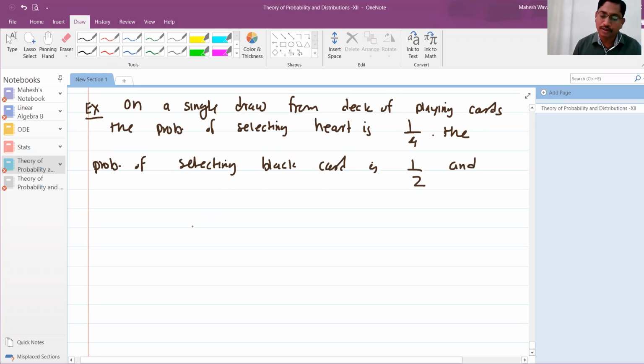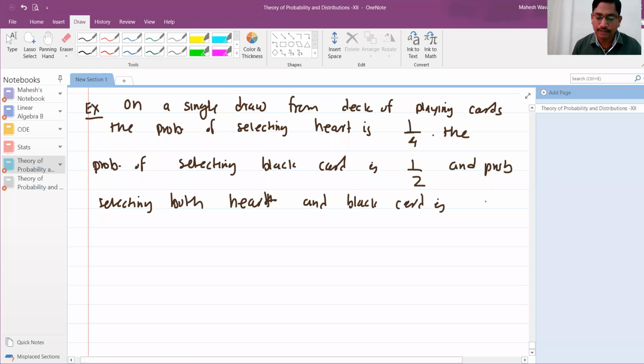The probability of selecting both heart and black card is 1 upon 8.